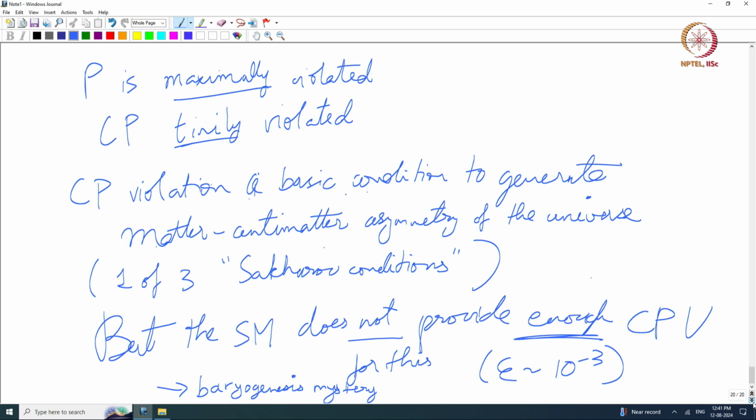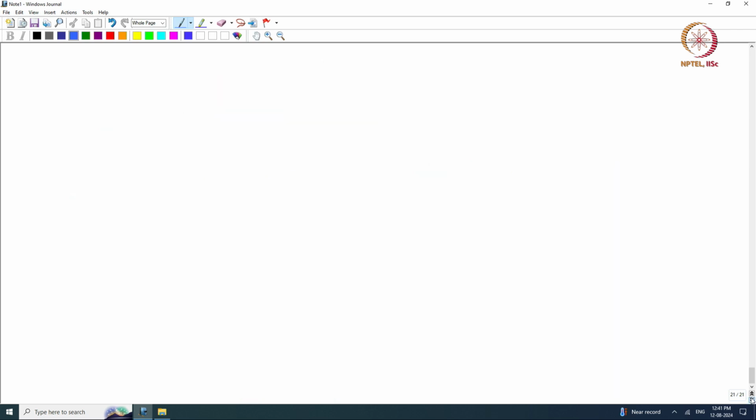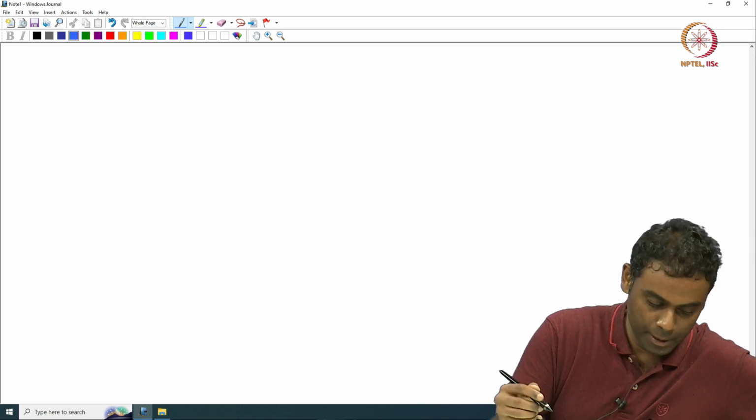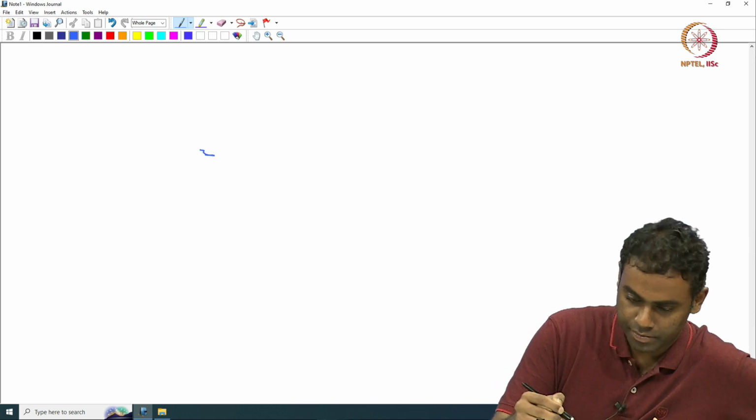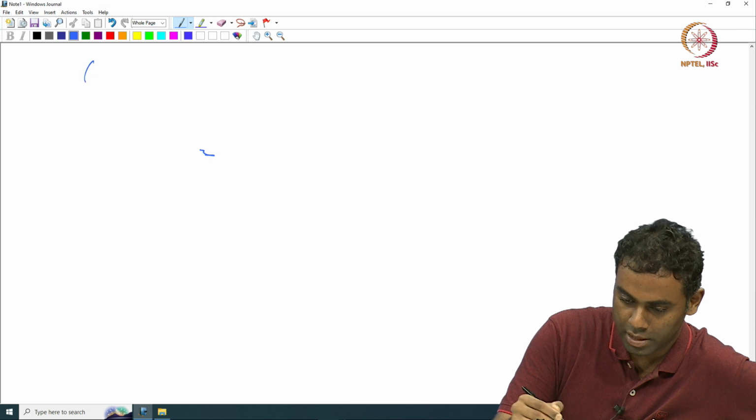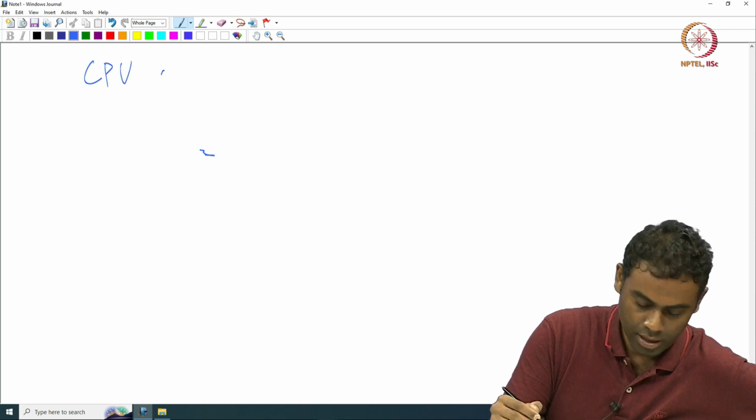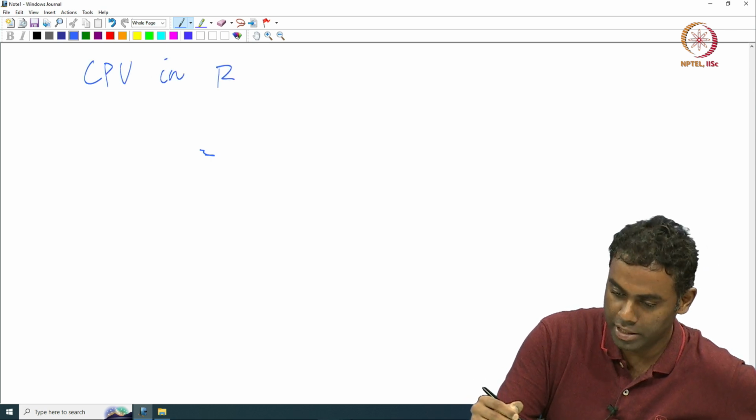Okay, it could have been the strong interactions, but even the strong interactions seem to be not giving you any CP violation, although you expect a lot, right. So it's all very mysterious actually. It's all very exciting, very mysterious. Okay, and of course people have observed CP violation in B0 systems.